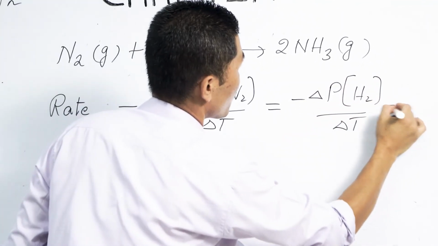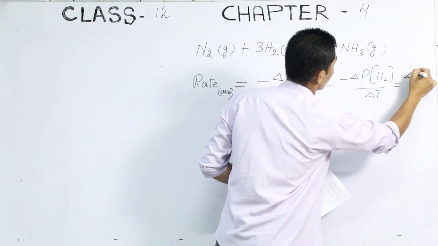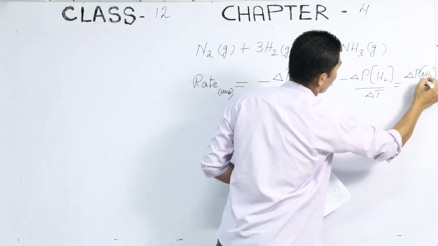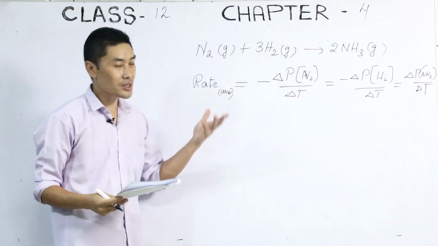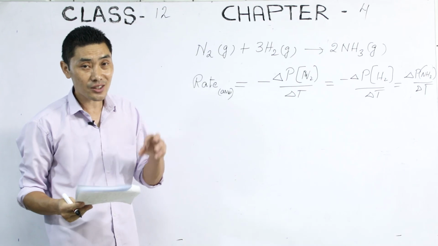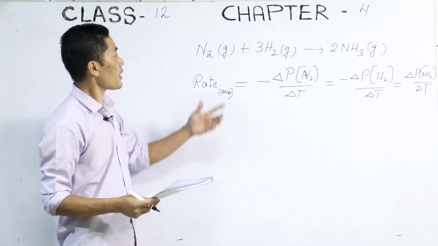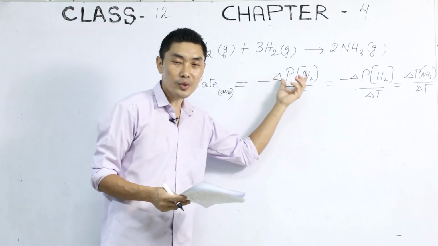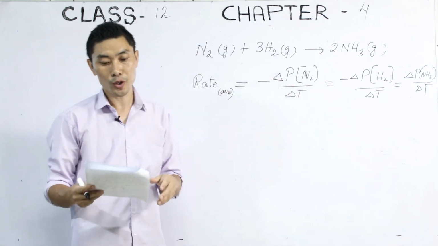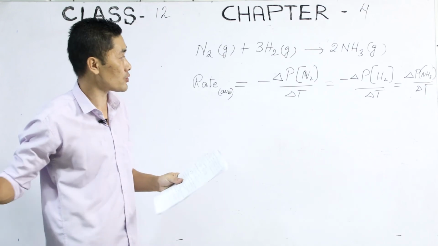And for ammonia also, it will be the change in pressure of ammonia divided by time. So whenever a gaseous reaction takes place under constant temperature conditions, we can use either the change in concentration or the change in pressure of the reactants or products to calculate the average rate of the reaction.